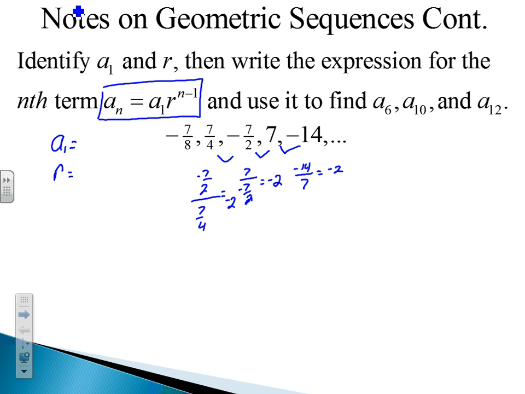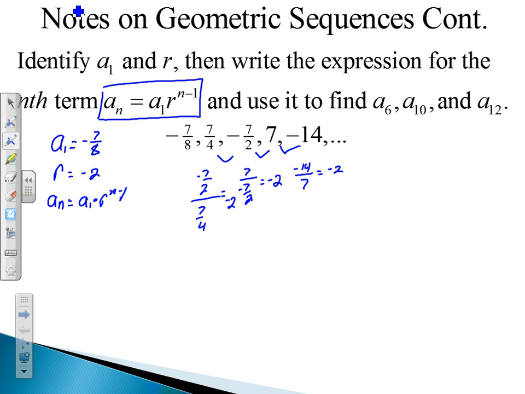So a sub 1, the first number in my sequence, is negative 7 over 8, and the common ratio is negative 2. The next thing it's asking us to do is, what is the rule? Well, a sub n would be equal to a sub 1 times r to the n minus 1 power.